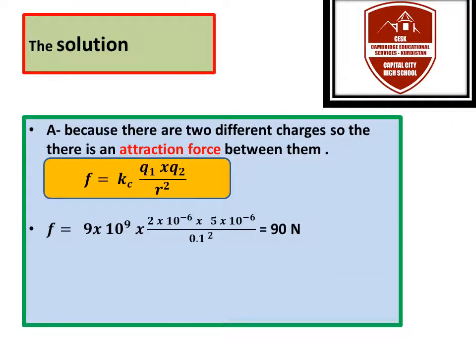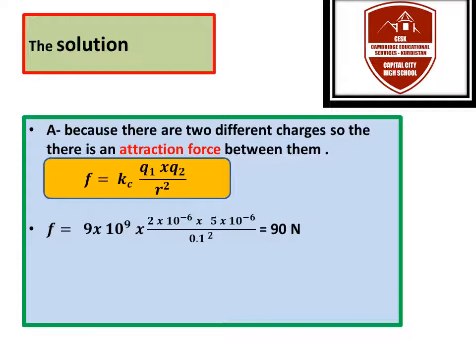Here is the solution of the previous question. Here A, because there are two different charges, there is an attraction force between them. We need the rule F equals Kc times Q1 times Q2 over R squared.